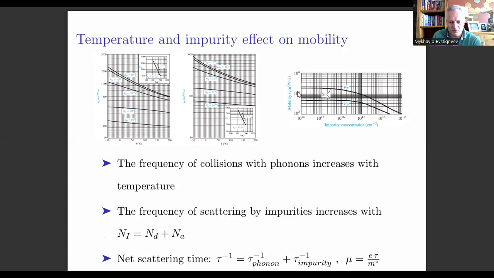So we see that mobility decreases with impurity concentration and it decreases with temperature. Why? Because the frequency of collisions increases both with impurity concentration and with the temperature.